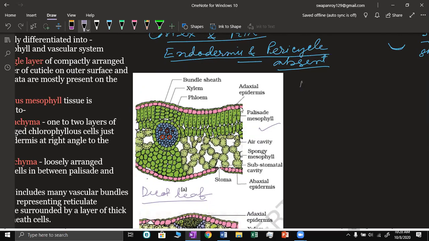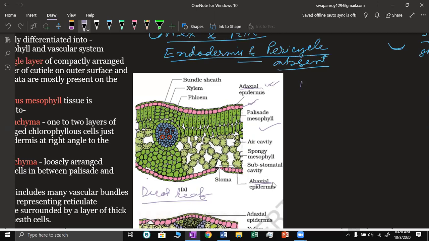So these leaves are bounded by epidermis on the upper surface and on the lower surface. So this is the upper epidermis. This is known as adaxial. Adaxial means which is close to the main axis, and which is away, that is the abaxial.